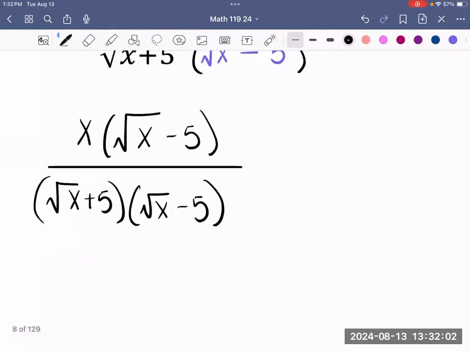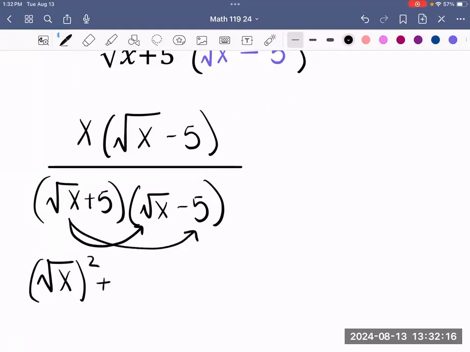Now this is going to be nice because when you go to do your foiling, your first two terms is really the square root of x all squared, plus your next two is a negative 5 times a square root of x.